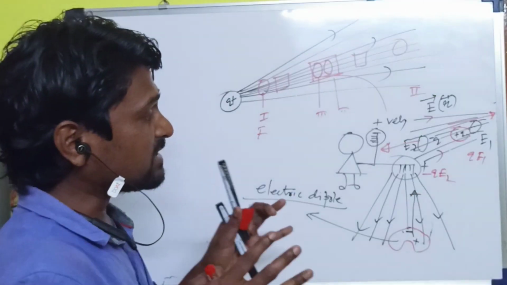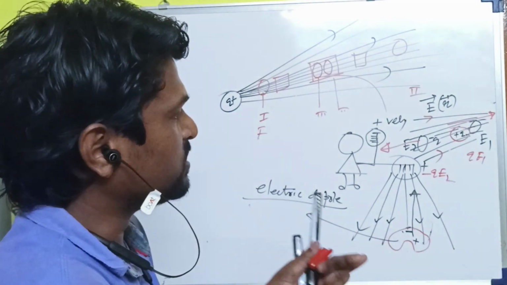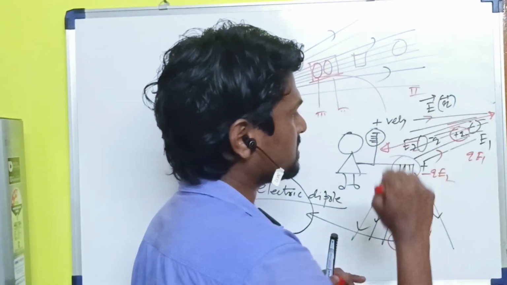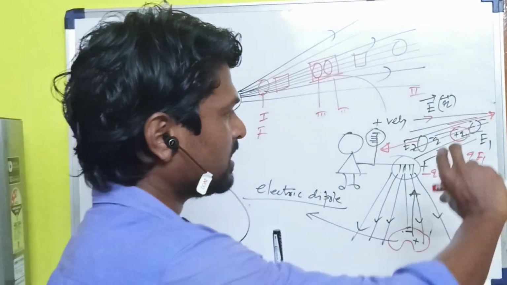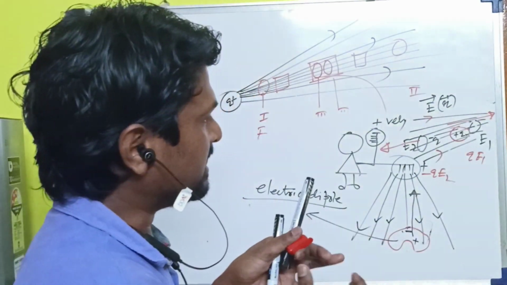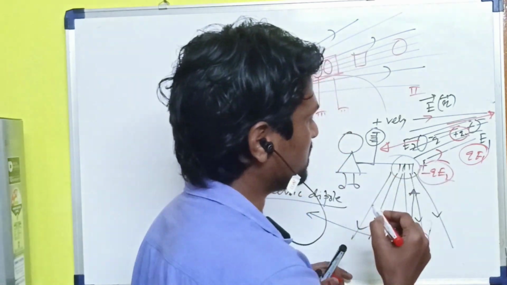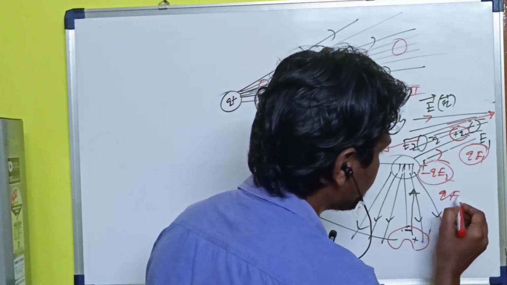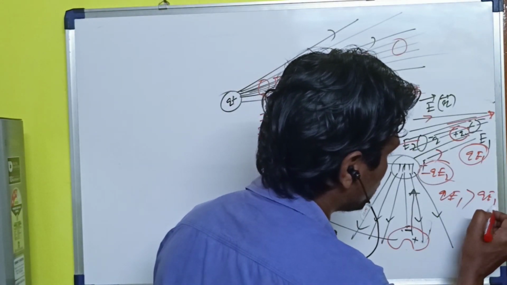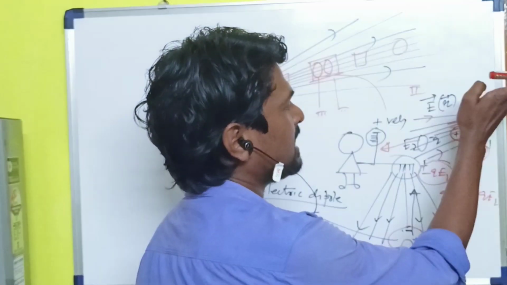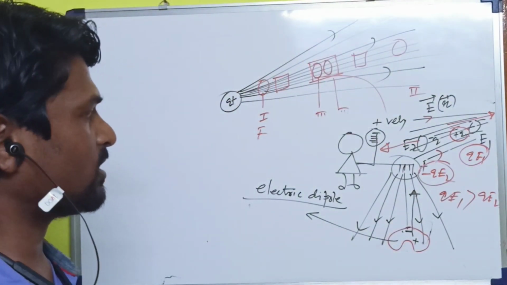Where the force is maximum, we say that in this region the electric field intensity is greater because of the congestion of the electric field lines. So QE1 is greater and QE2 is less. So the electric dipole moves along the electric field.